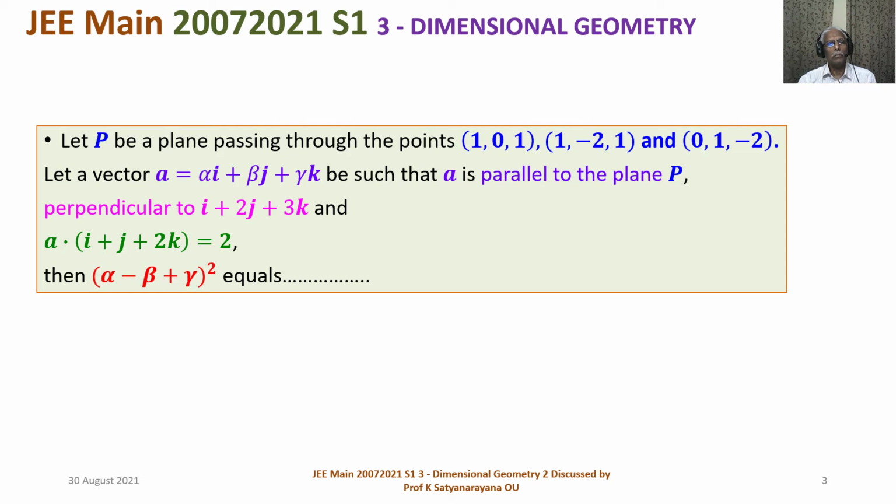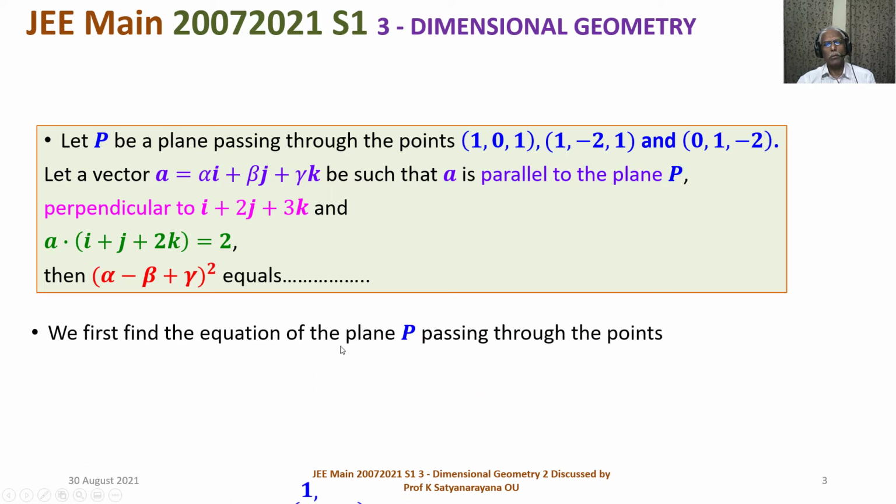They are non-homogeneous equations that you are going to get, and you have to solve them, get the values of alpha, beta, gamma, and compute (alpha - beta + gamma) whole square. We first find the equation of the plane P passing through these 3 points.